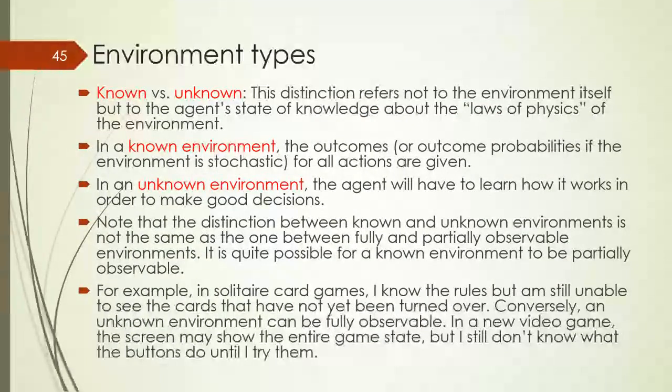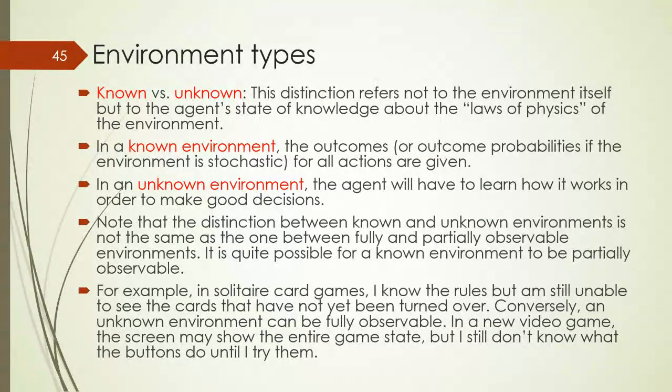Known versus unknown: the environment which our agent already has information about or doesn't have information about. The distinction between known and unknown environment is not the same as between fully and partially observable. These are different. It is quite possible for a known environment to be partially observable.